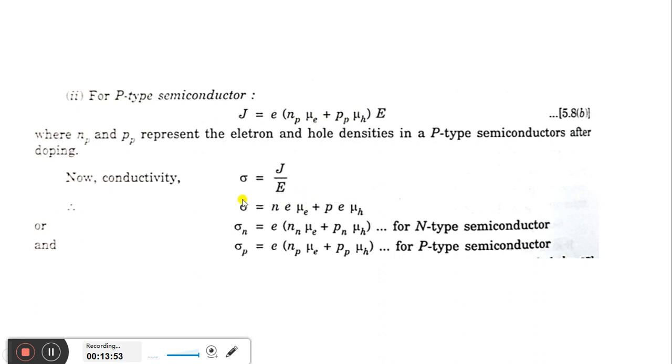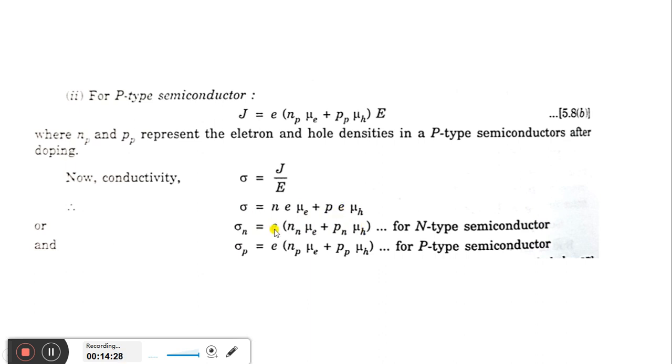Now this general expression can be rewritten for the n-type semiconductor material and for the p-type semiconductor material. If you want to write the conductivity for the n-type semiconductor material, then simply we make the suffix n. So we can write sigma n equals e Nn mu e plus Pn mu h.